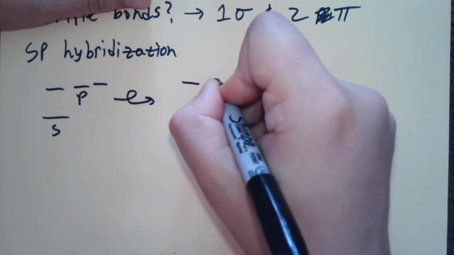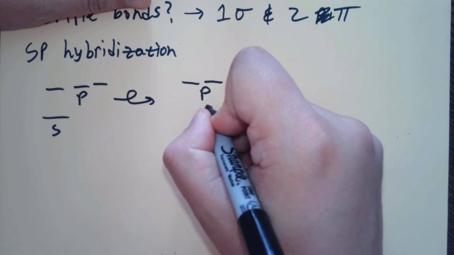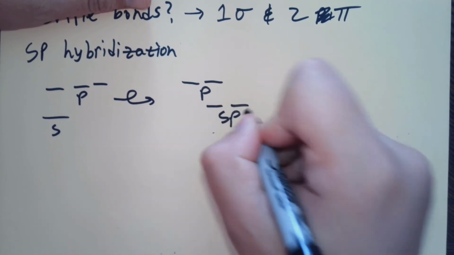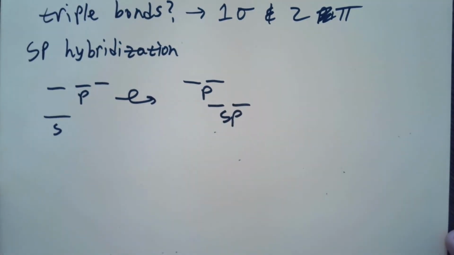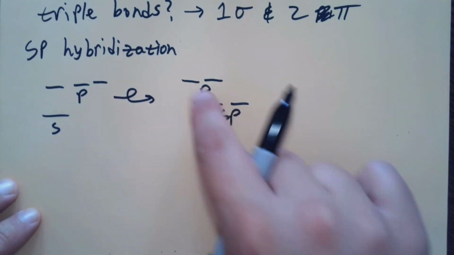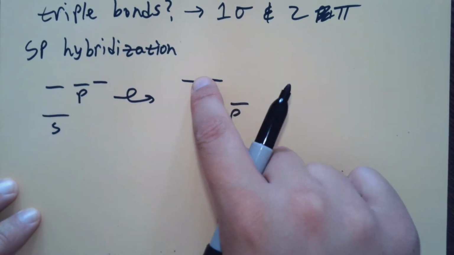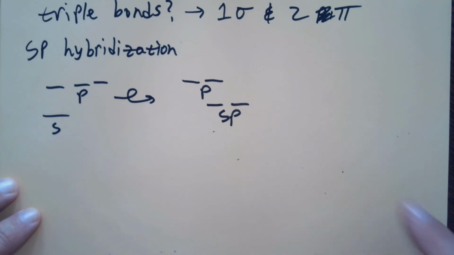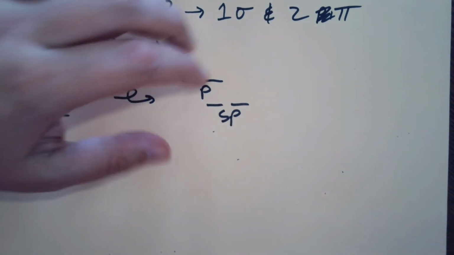And we have two of the p's left, and then we have sp. So we have four orbitals. We still have four orbitals. Two of them are unhybridized. Two of them are hybridized.